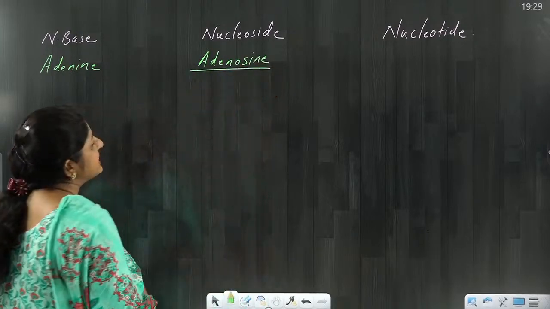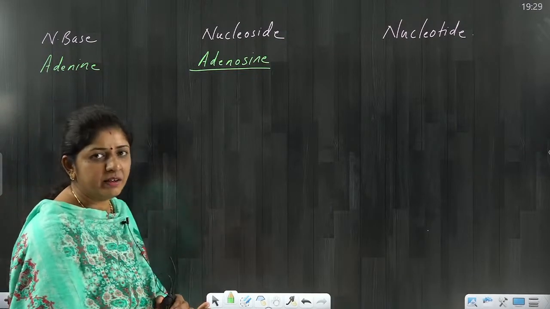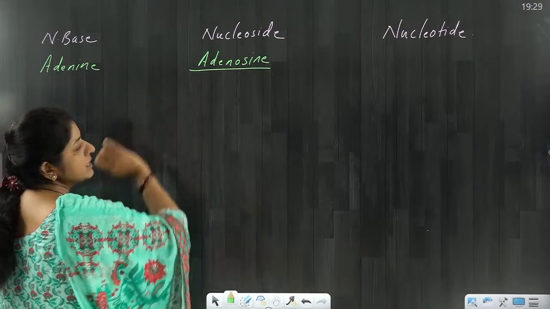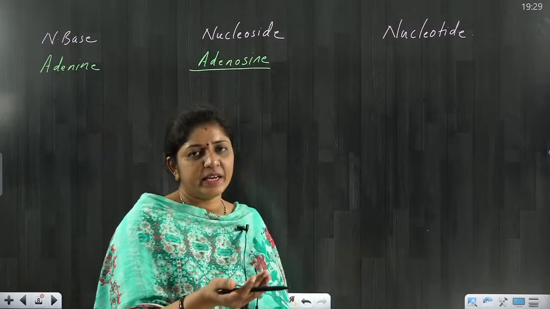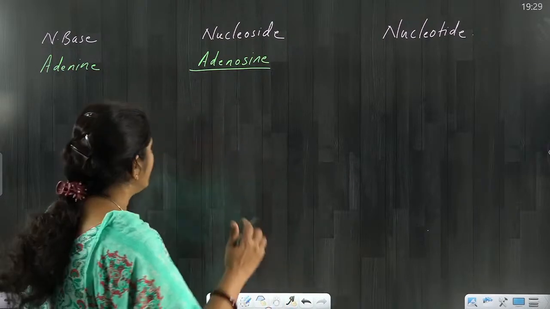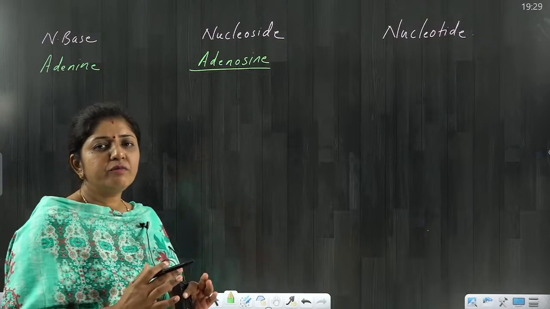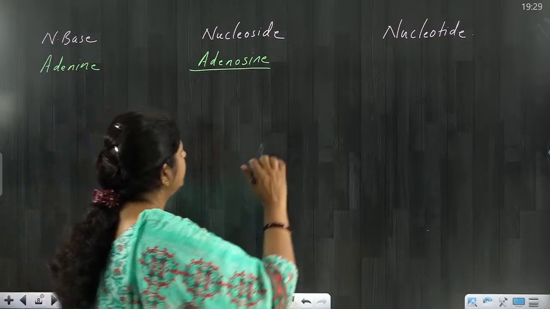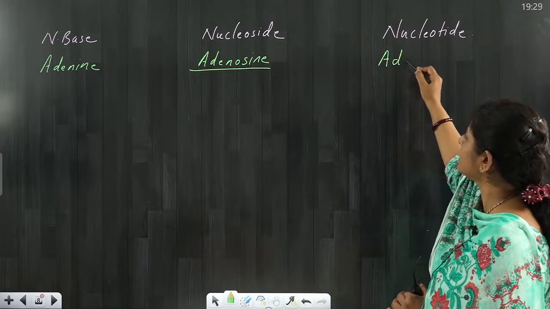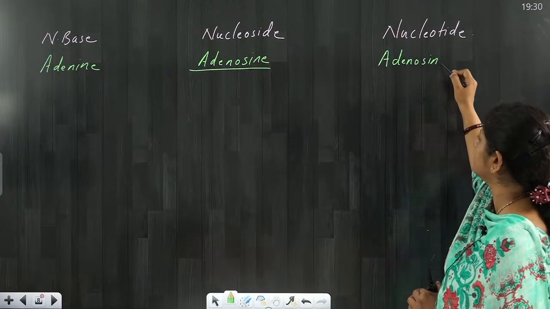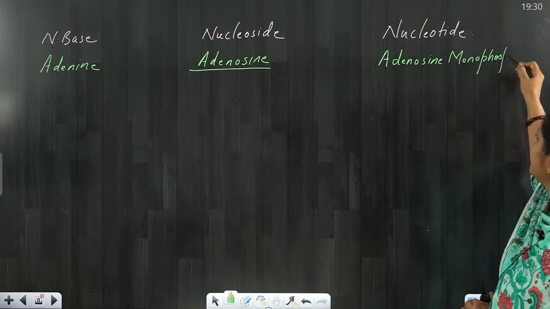If I am writing simply adenosine, that means this is the nucleoside of RNA. If I am keeping the deoxy word here, deoxyadenosine, then it will be of DNA. Are you getting that? So here I am simply writing for RNA to avoid confusion. So here adenosine, when phosphate is attached, then what do you call it? Adenosine monophosphate. Fine.